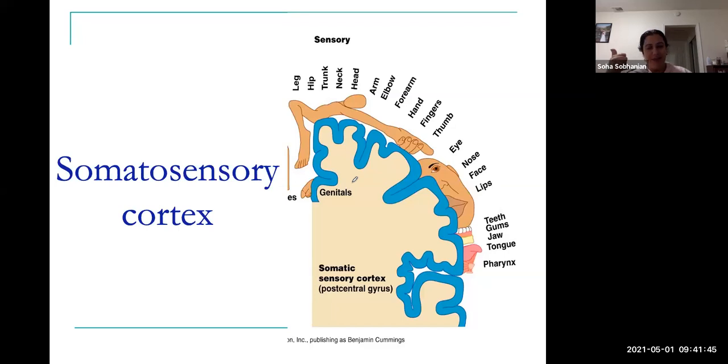I'm going to say it one more time. Genitalia, feet, hands, face, and your mouth. And if you think about your mouth, your throat and your tongue are also included. So all of these structures, your hand, your feet, and genitalia, are included.